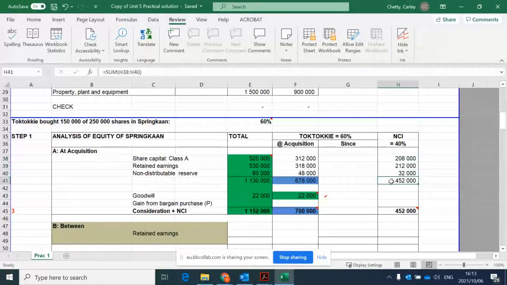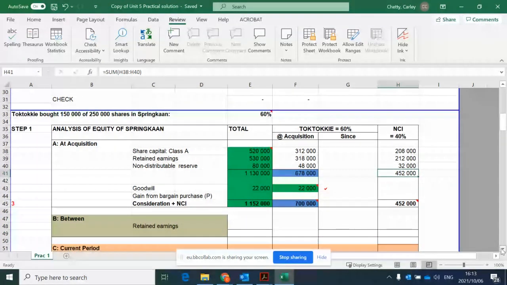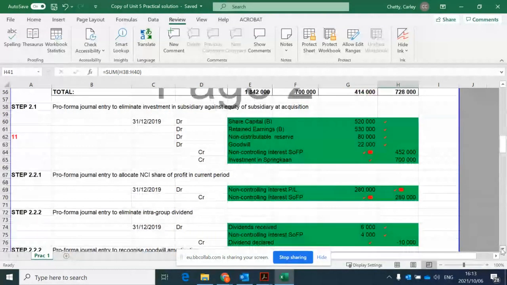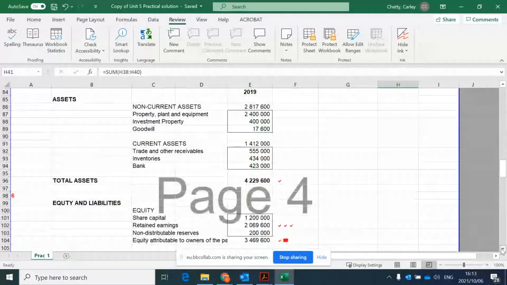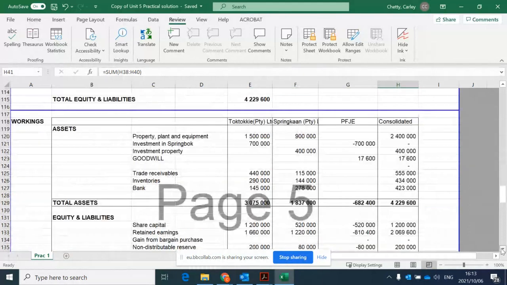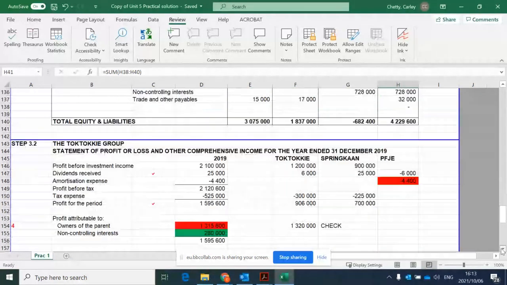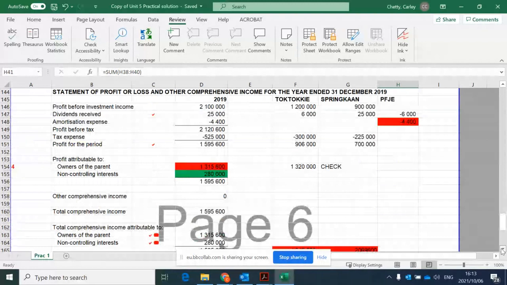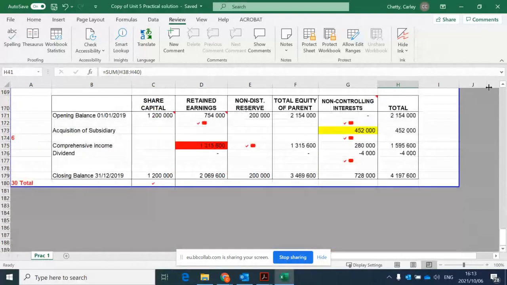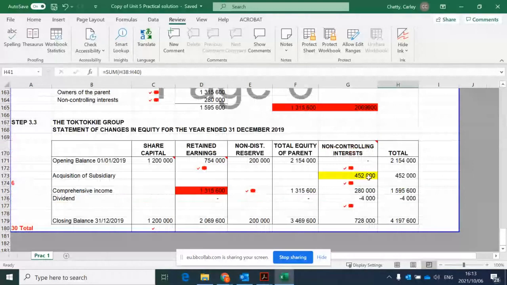So the total of these at acquisition amounts relating to NCI is 452,000. And this is the amount that will go in your statement of changes in equity. So that is where the 452,000 comes from. Okay, from that analysis of owner's equity.